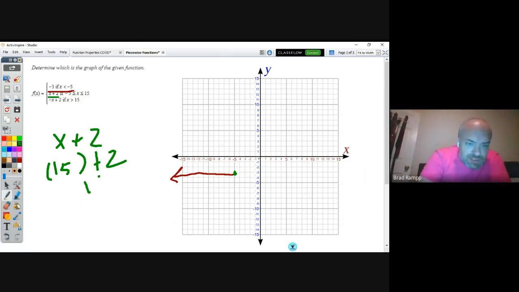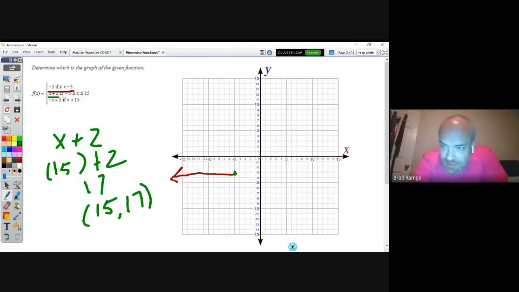What's 15 plus 2? It's 17. So when x is 15, y is 17. Let's go to 15, 17, which is going to be off grid a little bit, way up here. My grid, unfortunately, doesn't match the one given in the problem, but that's okay. Now -5 was equal to and 15 was equal to, so they both have solid circles. So you would connect with a solid straight line going up to here. And that's the second piece.